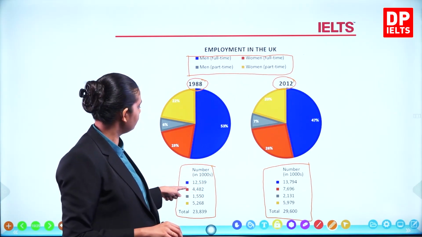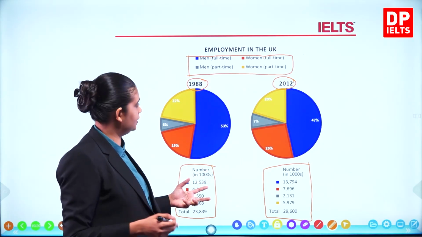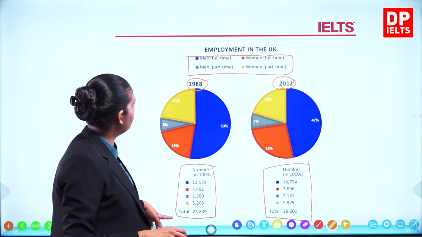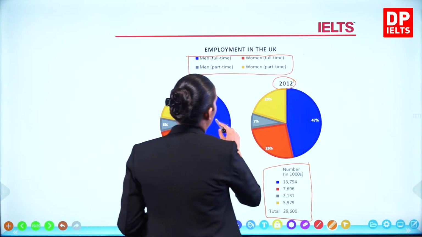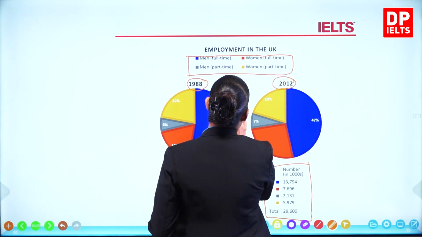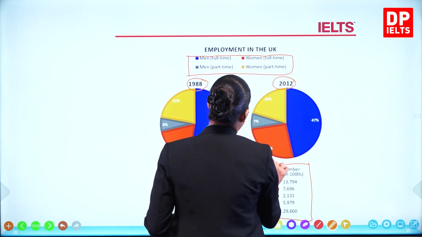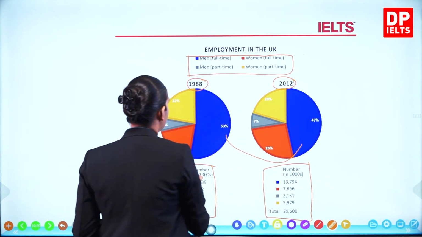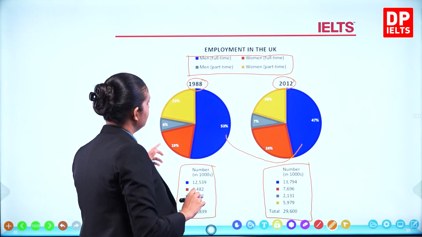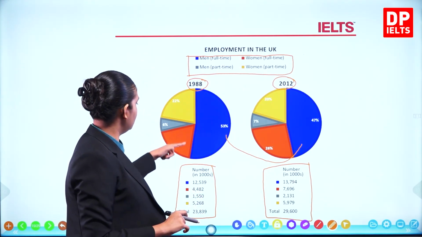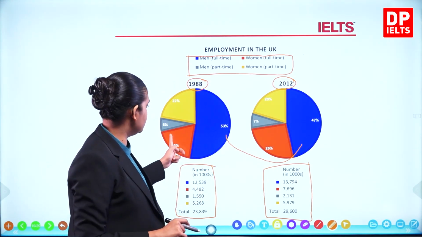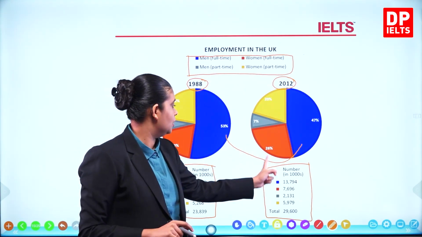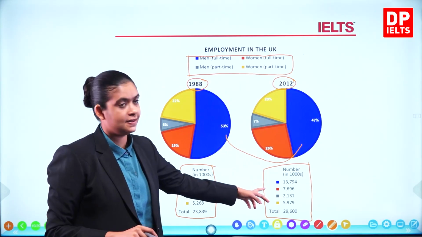I'm just going to tell the numbers, and they're obviously in thousands. When it comes to 2012, it was still the highest, but it had reduced. Whereas in 1988, women were only 19%, which was 4,482 in thousands, but increased to 26%, and here is the number.